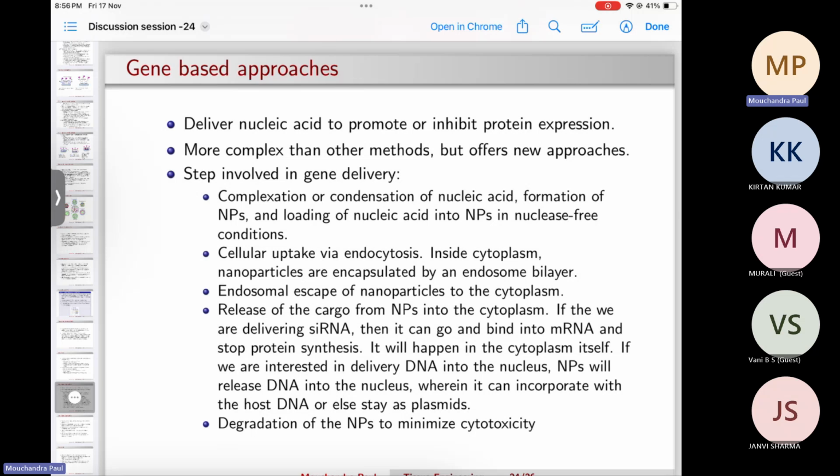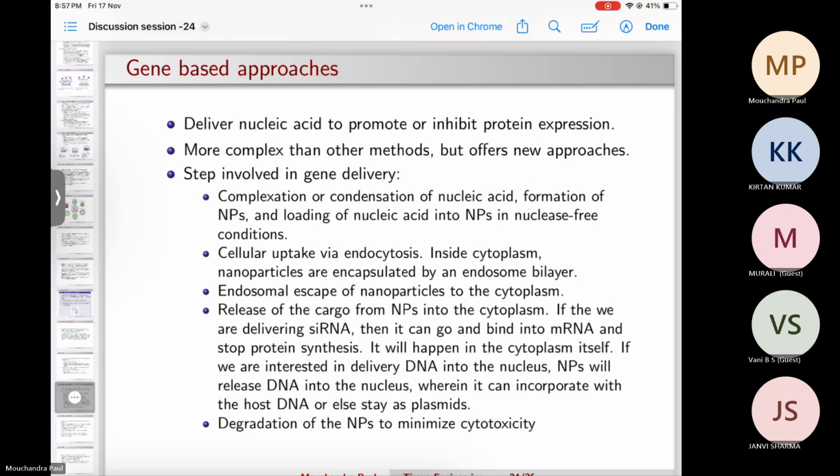The intention is that the nucleic acid can either suppress the gene expression of a particular growth factor, or promote its gene expression. So within the cell, we are modulating the growth factor concentration depending on what kind of behavior we want to see. This method is relatively more complex than the other methods we have seen.